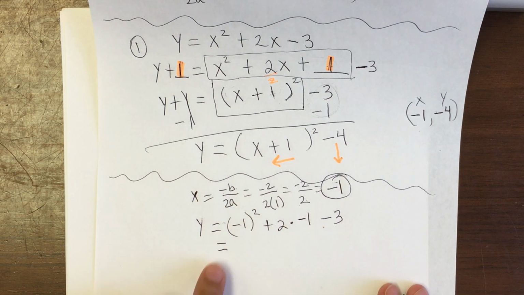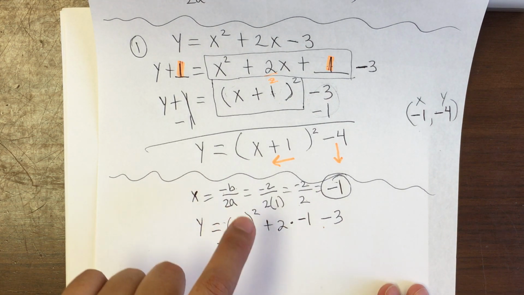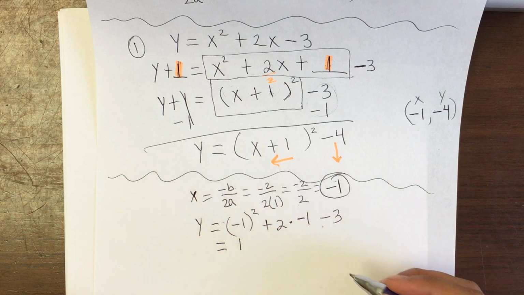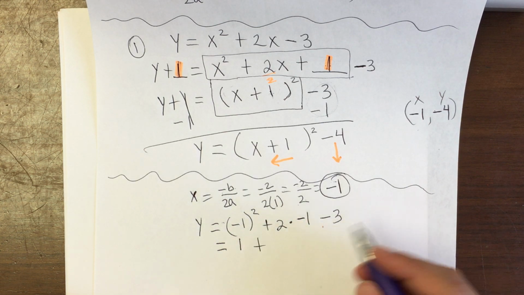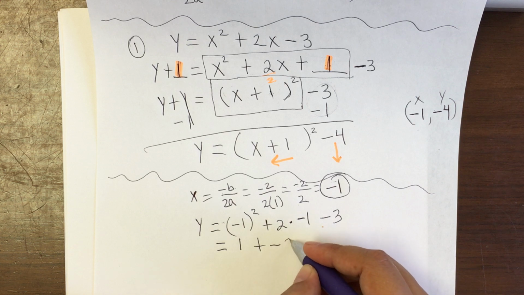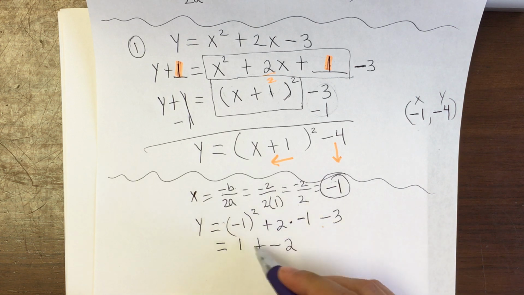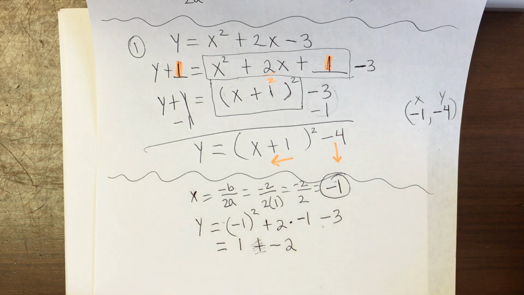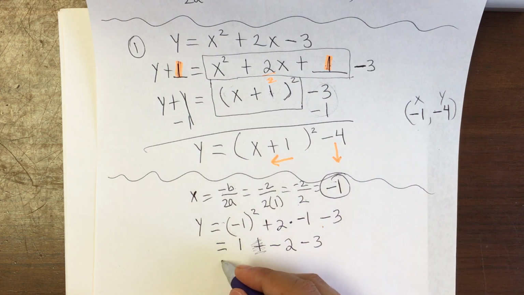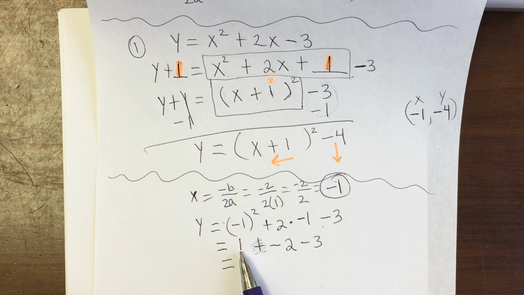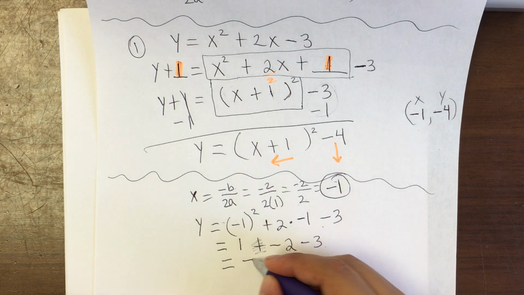And so that's equal to -1 times -1, +1, plus 2 times -1 is -2. Some people get confused and just get rid of this 1, which is perfectly fine, and then minus 3. And so that gives me, if I have 1, subtract 2, that's -1, minus 3, that's -4.